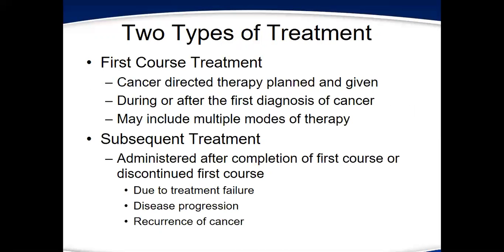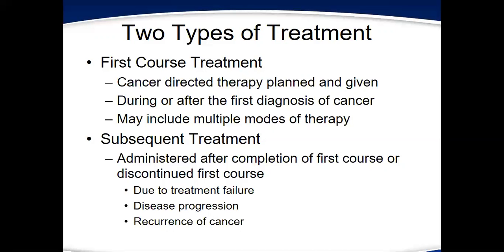Then there's subsequent treatment. That is all treatment following the discontinuation of first course of treatment. Okay, this includes therapies that are given after the completion of the first course treatment, or after therapy is discontinued due to treatment failure or cancer progression.